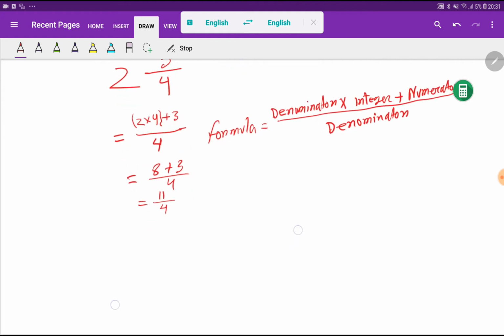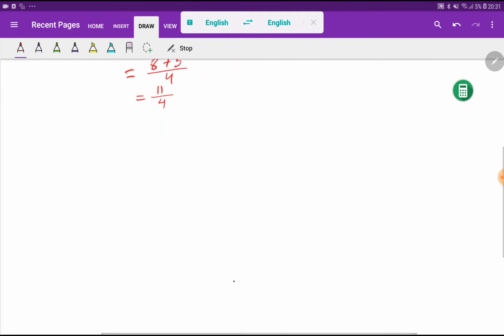Okay, let me take another example so that you can have more knowledge, right? So let us take 1 and 1/2. How to convert this mixed number to an improper fraction? Look at here. So what will I do?